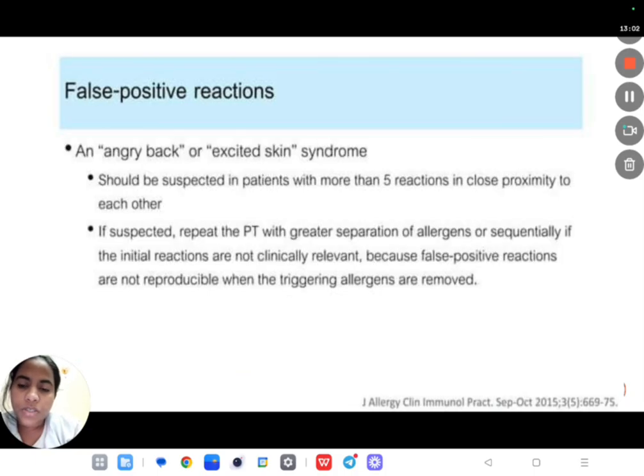This should be suspected in a patient with more than 5 reactions in close proximity to each other. If suspected, repeat the patch test with a greater separation of allergens, and ensure reactions are not clinically relevant, because false positive reactions are not reproducible when the triggering allergens are removed.